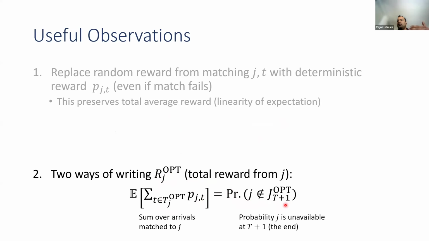So the probability that J is unavailable at the end is the same as the probability that J is actually matched to something in OPT. This is the same as looking at the total reward, now with deterministic rewards. So I sum up over all the arrivals that are matched to J in OPT the reward p_JT that I get, and then I take expectation over this because this set is random. So these are both alternative ways of counting the total reward R_OPT(J). Any questions about either of these two observations?